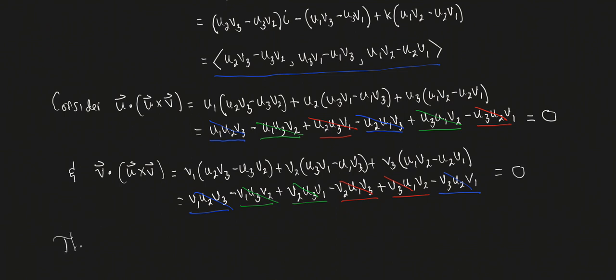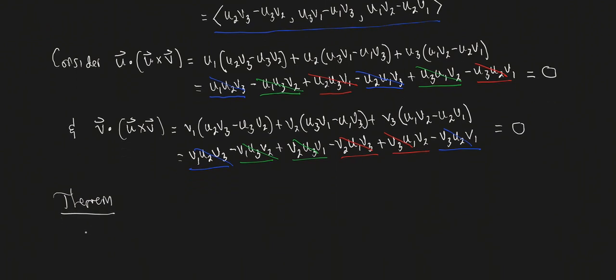In fact, it is a theorem that we proved, right? So if u and v are vectors in R3 that are non-zero, then both u and v are orthogonal to their cross product.